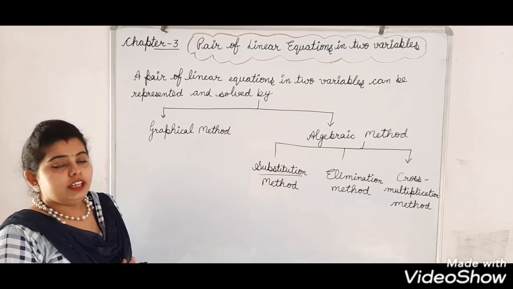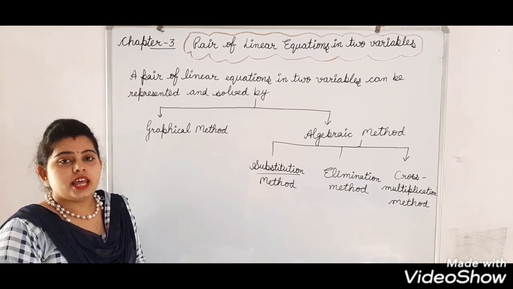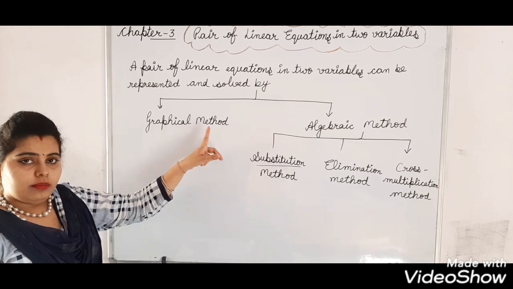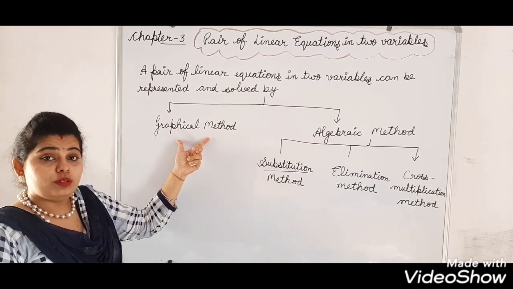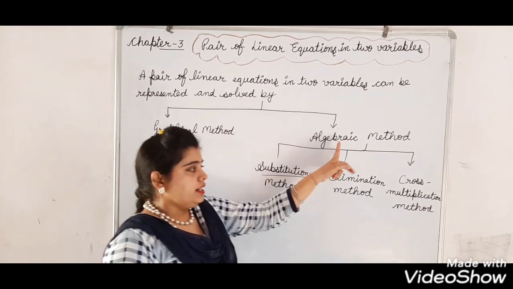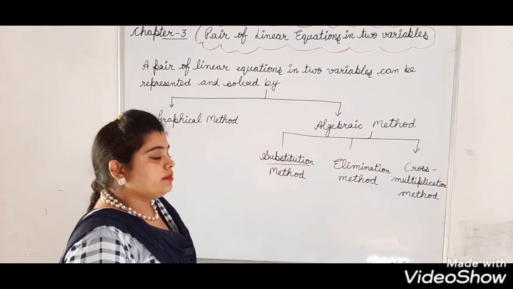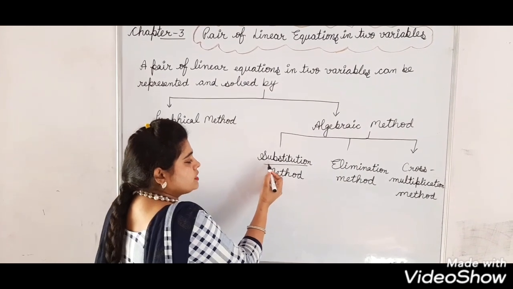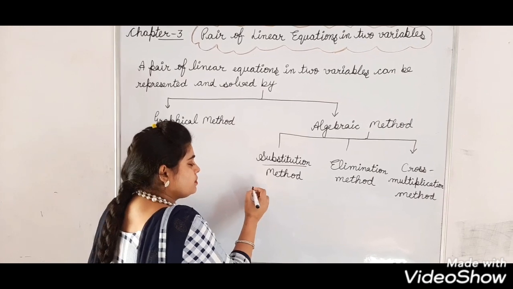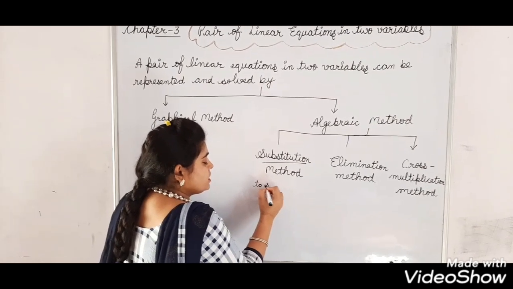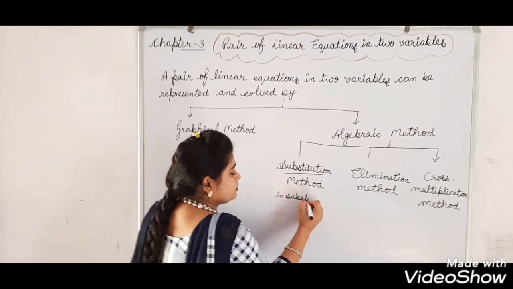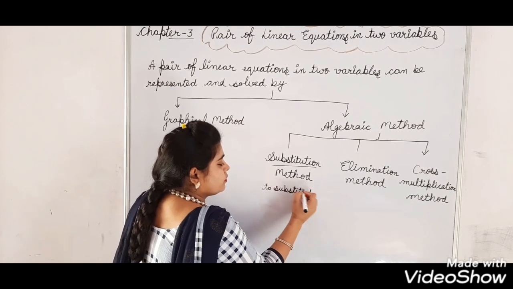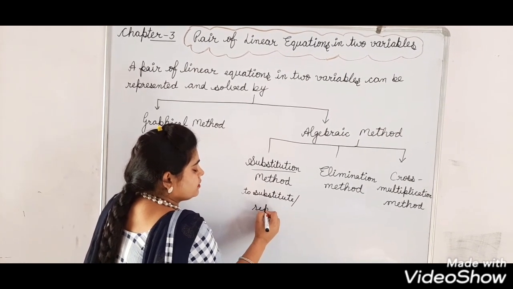A pair of linear equations in two variables can be solved by graphical method. Means in this we use graphs, and second is algebraic method. In algebraic method also, first is substitution method. Substitution means to substitute or replace.